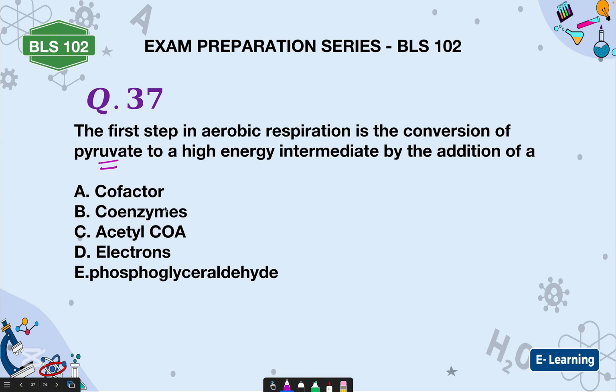Acetyl-CoA. So the correct answer is coenzyme A, option B. When coenzyme A is added to pyruvate, it will be converted to acetyl-CoA, which is the high energy intermediate. Are you getting it? So that is that.